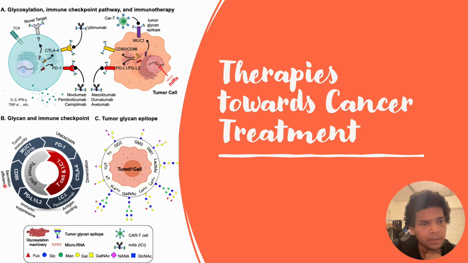And other information that is known is about CD80, PDL1, PDL2 that I have already discussed, that these are the immune checkpoint inhibitors. So if we can block these receptors on the tumor cells, then the immune response of the host against the tumor cells will increase.